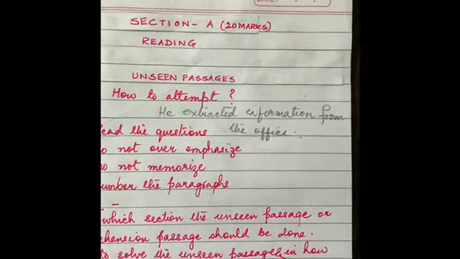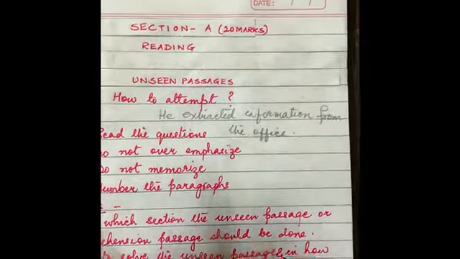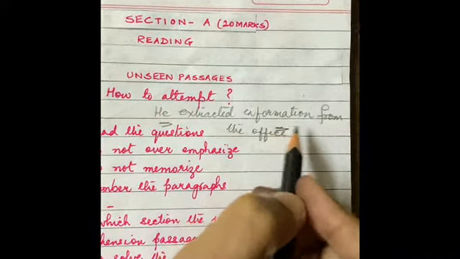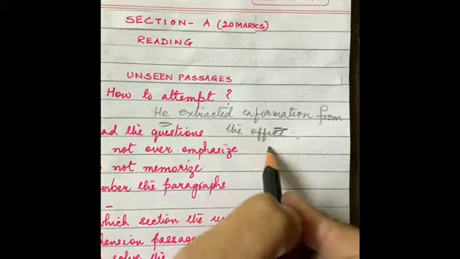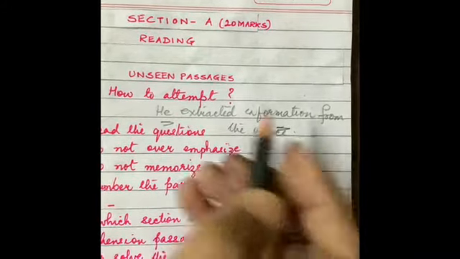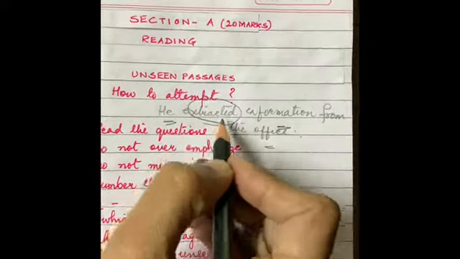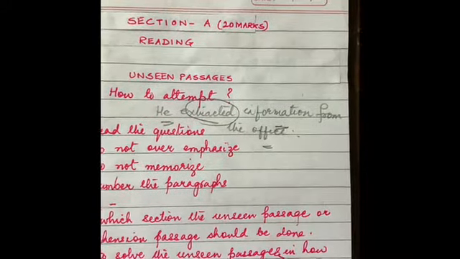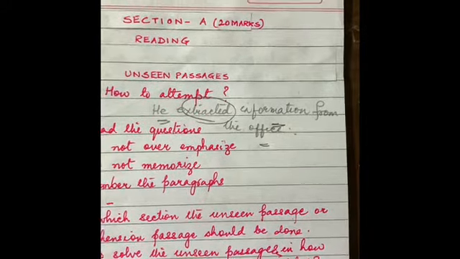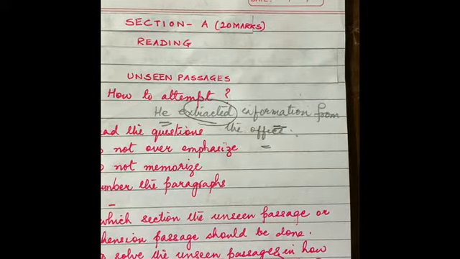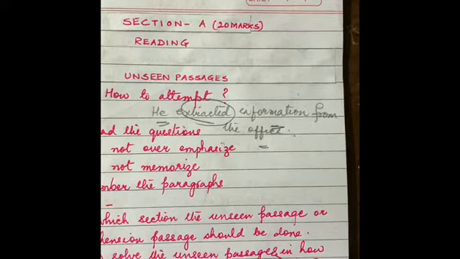Now, here in this sentence, students, you know the meaning of he, you know the meaning of information, and you know the meaning of office also. But you don't know the meaning of the word extracted. Am I right? So it should not matter much for you. You can understand it like this, that he extracted the information from the office.